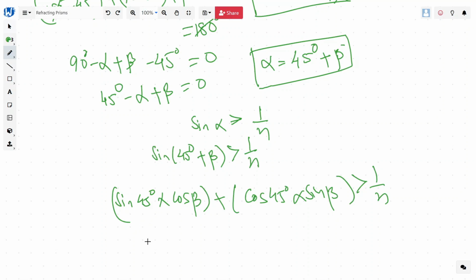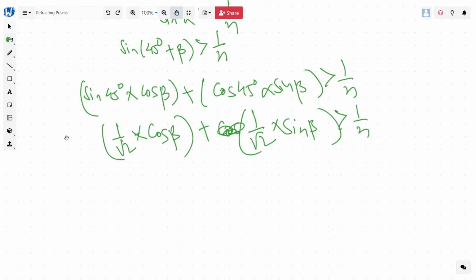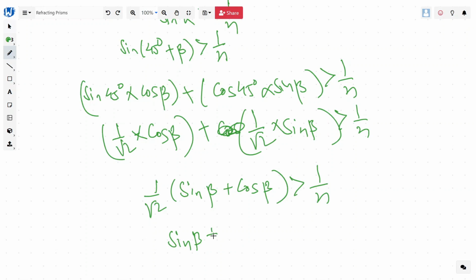Sine 45, and this thing is 1 under root 2. Okay. So far so good.